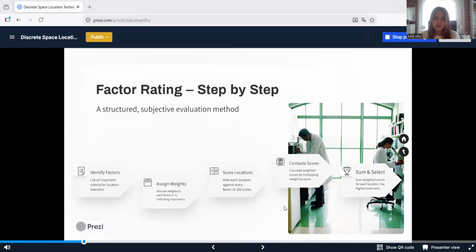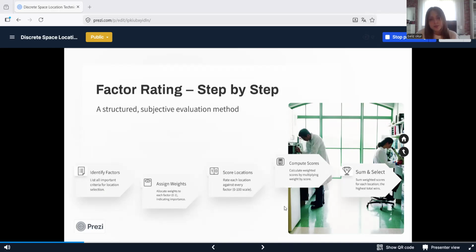Let's look at the qualitative side first, factor rating. This is a highly structured way to process subjective opinions. It has 5 simple steps. First one is to identify the factors, what actually matters. Labor cost, climate, proximity to suppliers, and then assign weights.